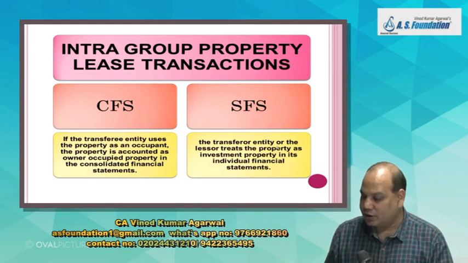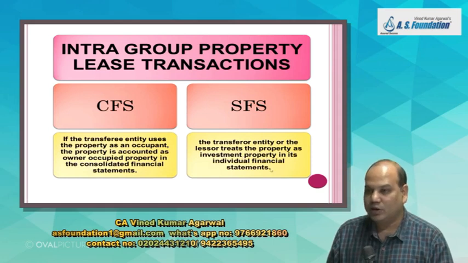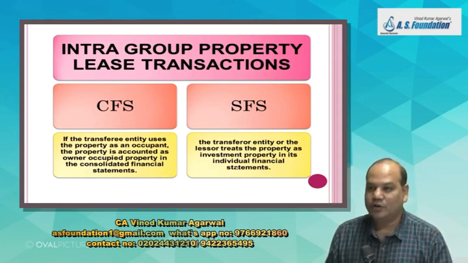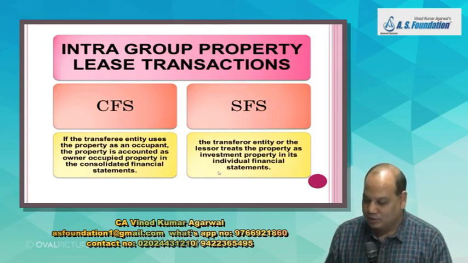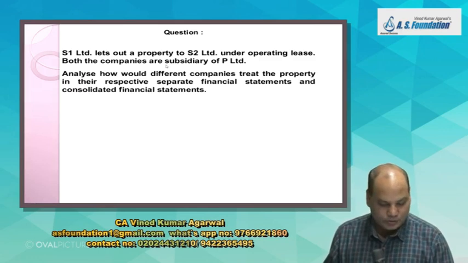The transferor entity, or the lessor, treats the property as investment property in the individual financial statement, not separate financial statement. That is a different concept. We will call it individual or standalone financial statement. Okay. Solve this question for yourself.